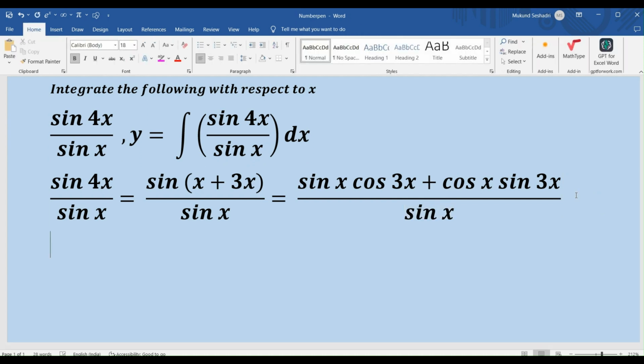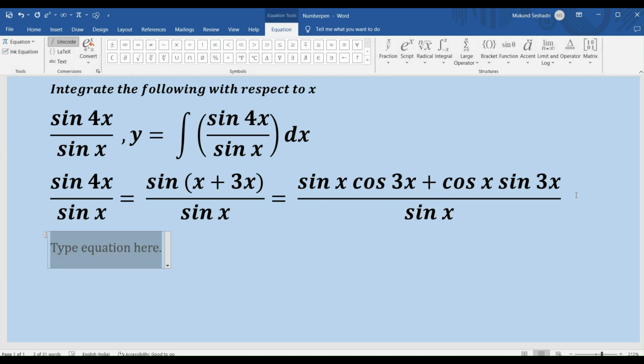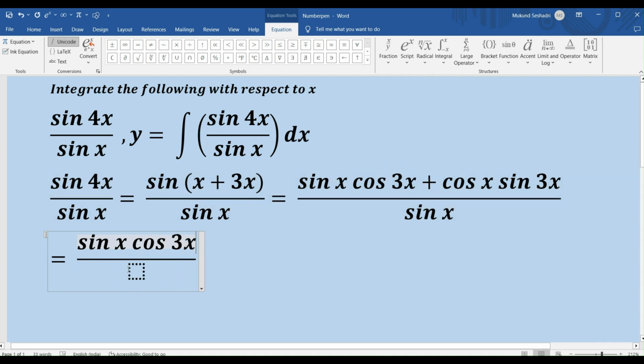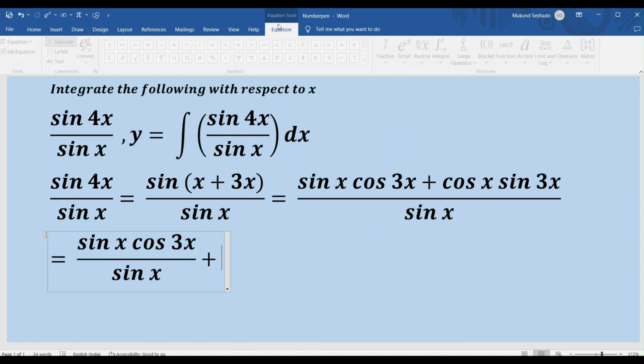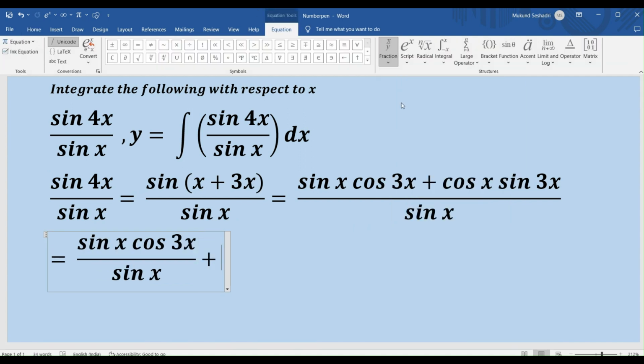And then I know that I can further decompose the above expression, right? I have sine x cos 3x plus cos x sine 3x, the whole divided by sine x. And when I decompose this, I get sine x cos 3x divided by sine x plus cos x sine 3x divided by sine x, right?